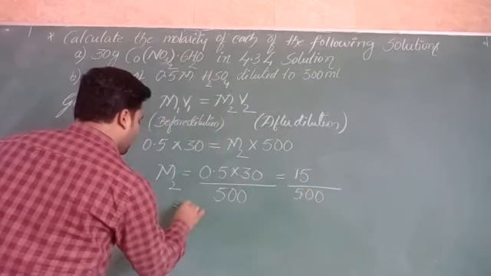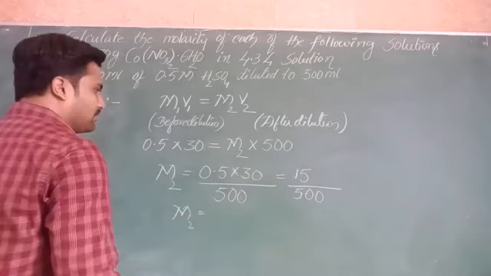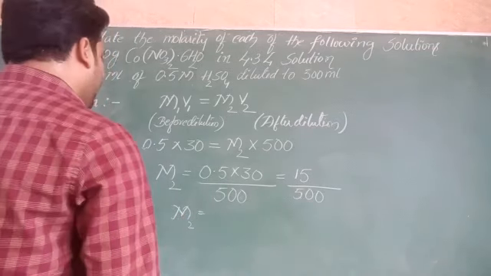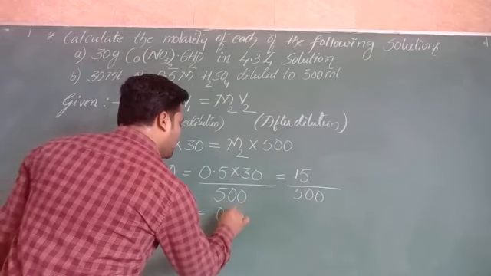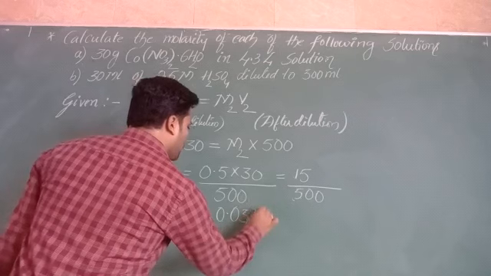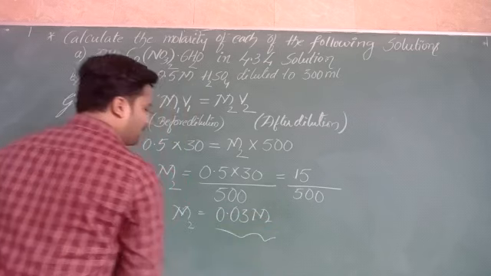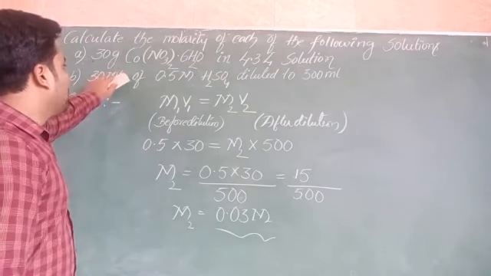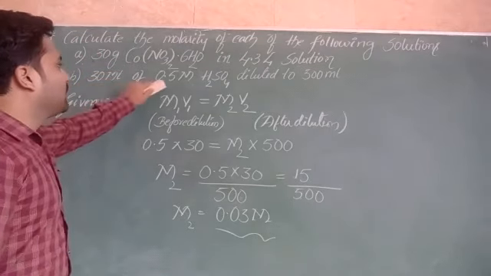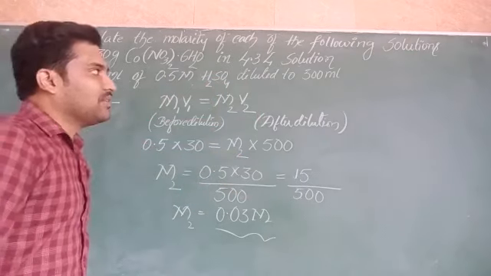That means M2 gives 15 divided by 500, that is 0.03 molar. Okay, so this is the solution for target B, that is 30 ml of 0.5 m H2SO4 diluted to 500 ml.